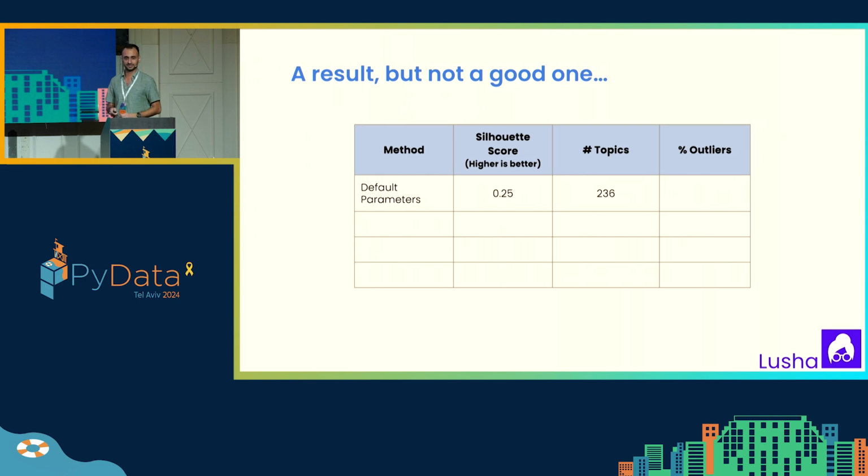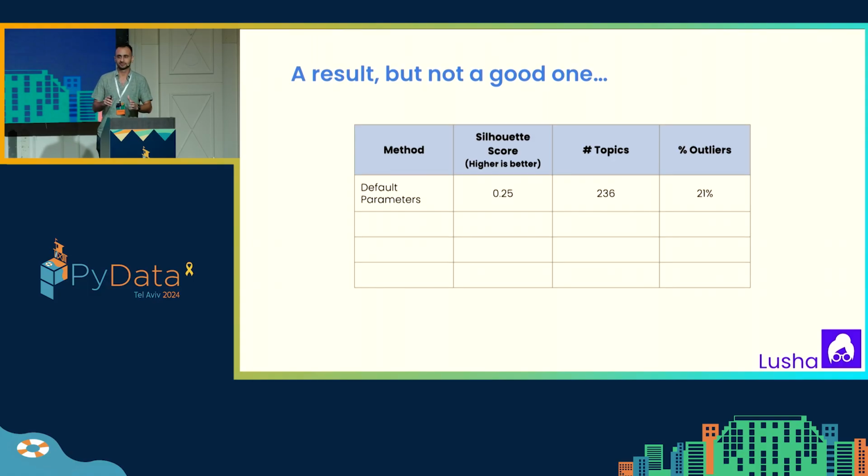The number of topics that the model found is over 200, and since I generated this dataset, I can tell you that the actual number is 10, so we are way off. And the percentage of outliers is 21% of the documents that do not belong to any specific topic.